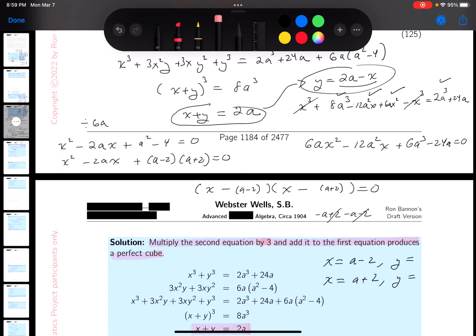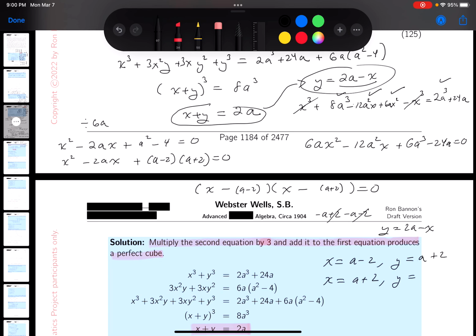I'll write it down for you. I was making sure that you knew I was using y equals 2a minus x, and I wrote something down completely different from what I was saying. And y is going to be 2a minus x. Well, it's 2a minus a, right? Which is going to be a, and minus minus 2 is plus 2.